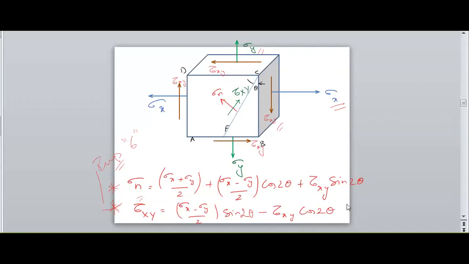Using the same formula, considering the shear stress on the principal plane is equal to 0, we need to find the angle, and we need to substitute that angle in the normal stress to find the only normal stress existing on the oblique plane.